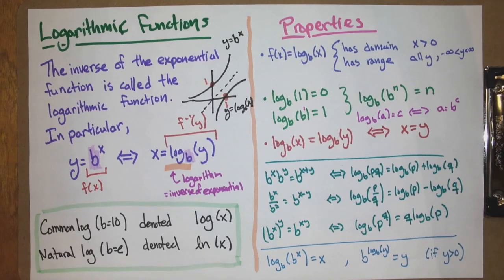In a similar way, b to the x over b to the y is b to the x minus y. So notice here we're dividing, we get subtraction upstairs. Well, that becomes the log of p over q is the log of p minus log of q. So division becomes subtraction.